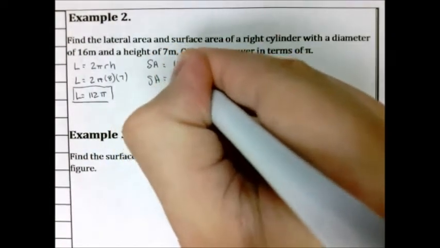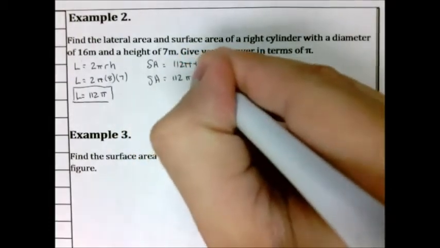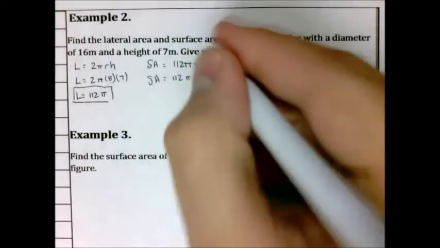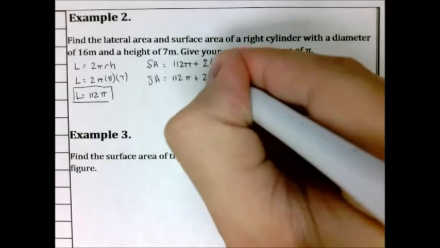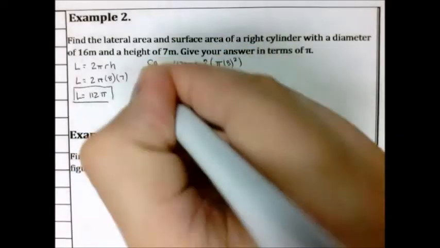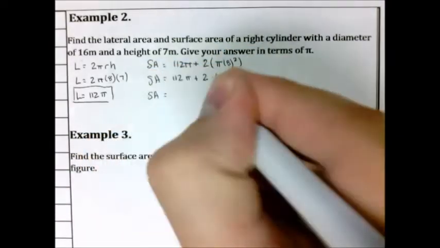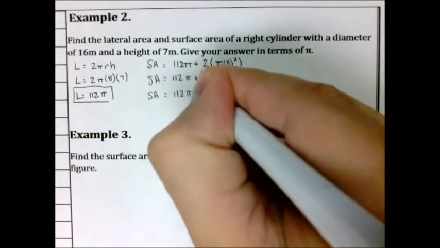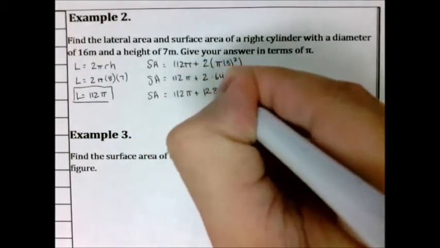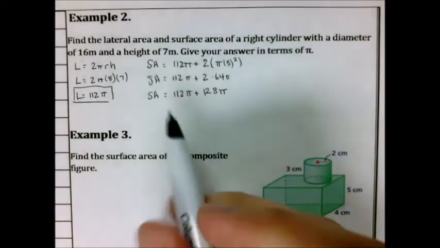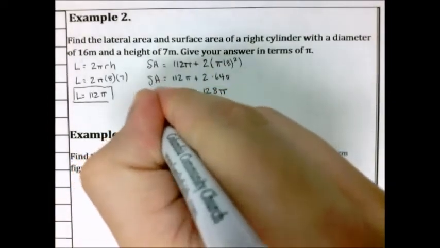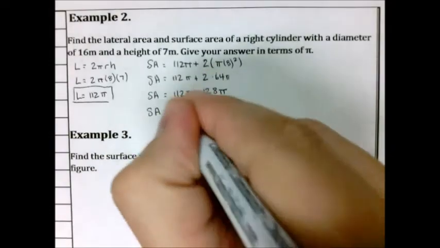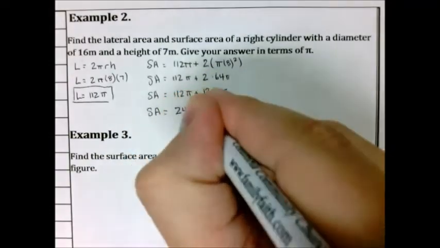We've got 112 pi plus 2 times 8 squared, which is 64. And 2 times 64 is 128 pi. And then we just combine these to make the surface area equal to 240 pi.